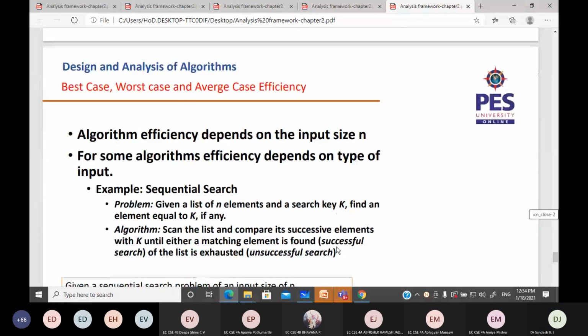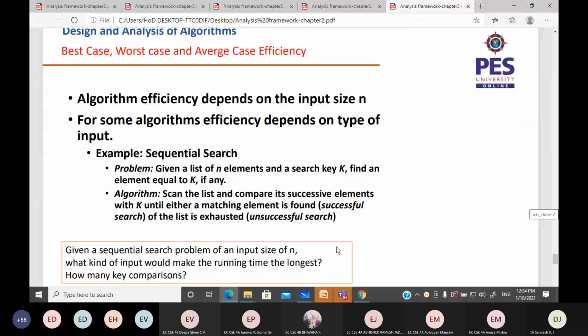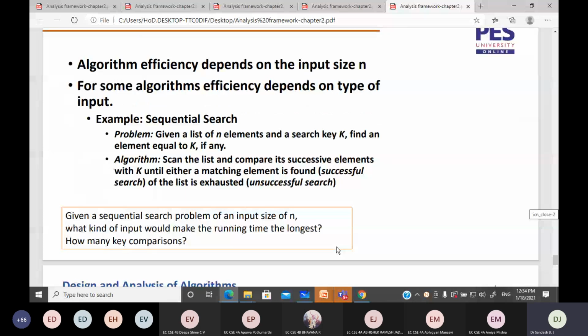So we have come to the conclusion that algorithm efficiency depends on the input size n, but it's not always true. For some algorithms, it also depends on the specifics of the particular input.